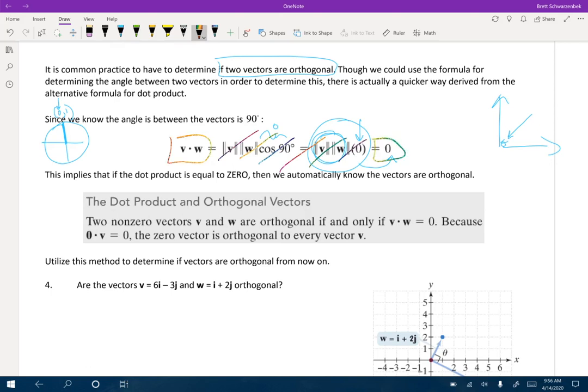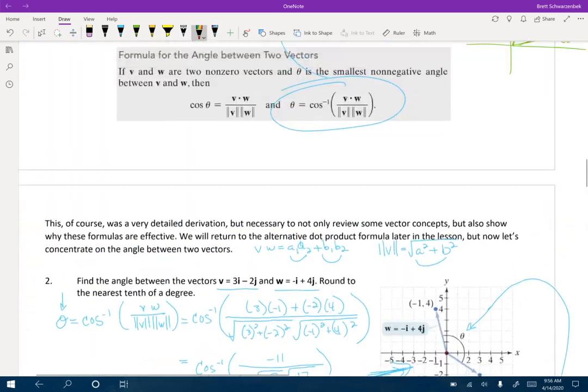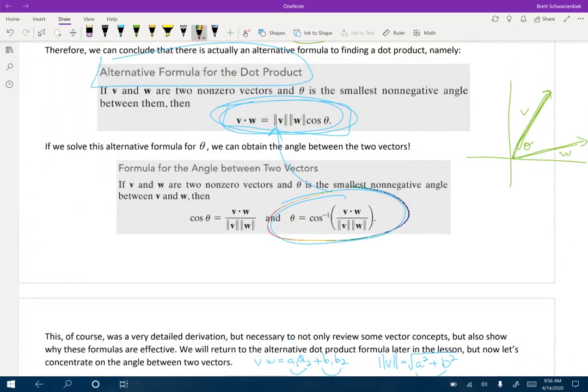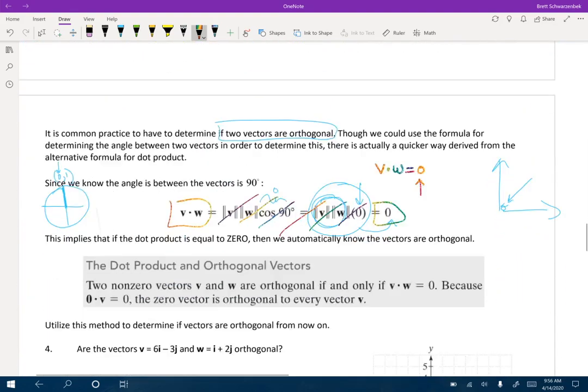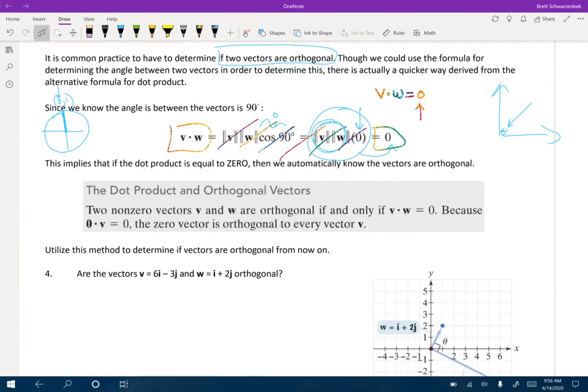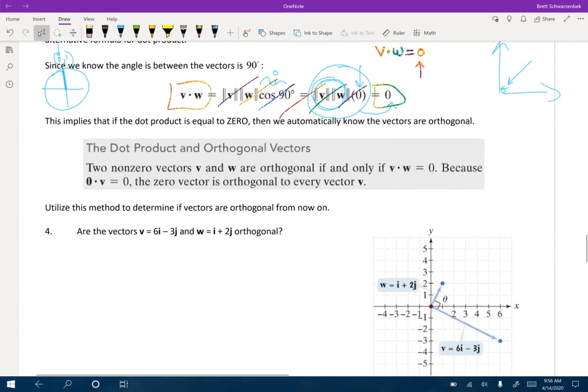We just proved that if the angle is 90, the dot product is equal to 0, which means we don't even have to go through this process. We just have to prove that v dot w is 0. That is an incredible finding and something that's used quite often in advanced mathematics, and I summarize it right here.